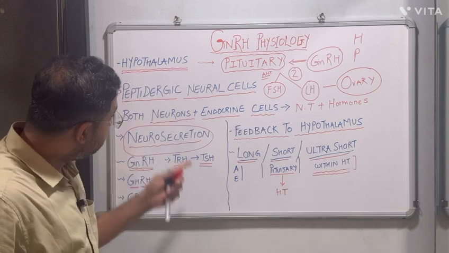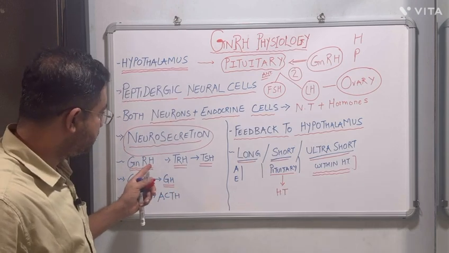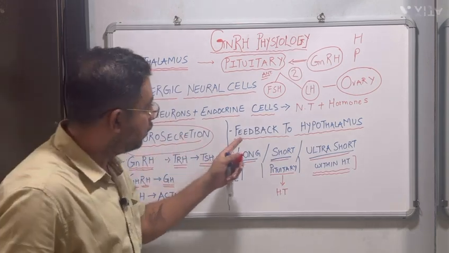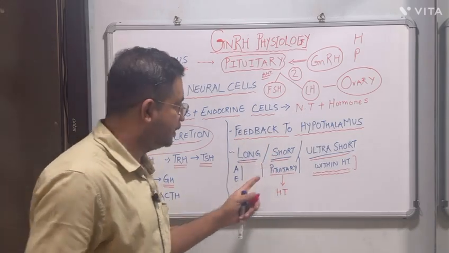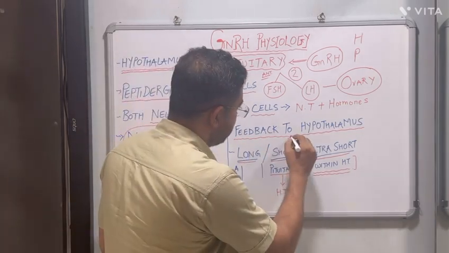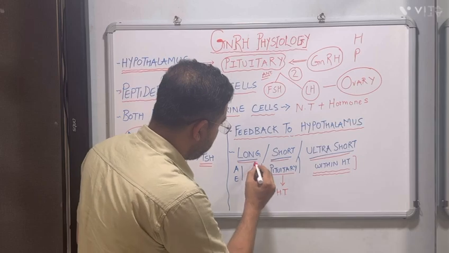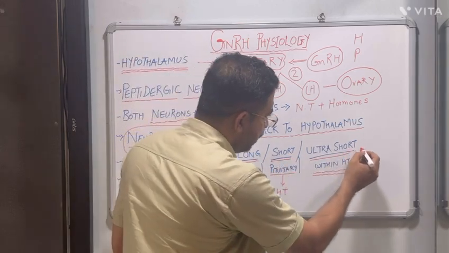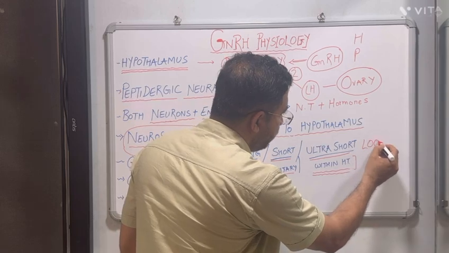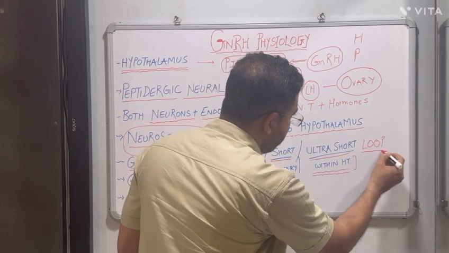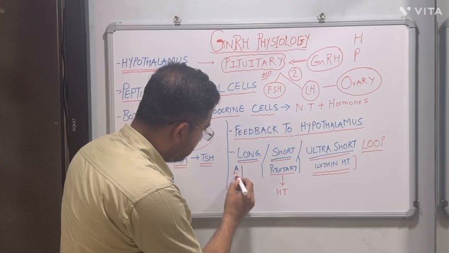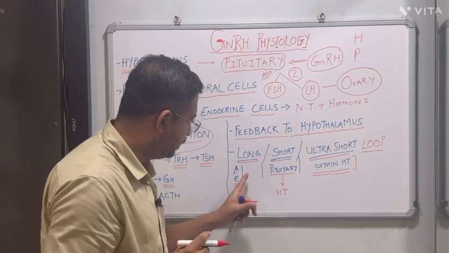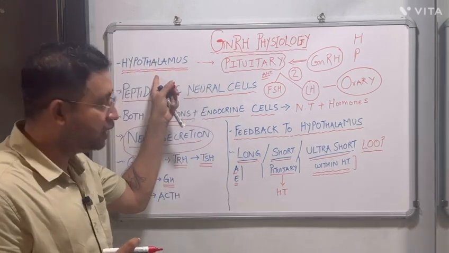Now, the release of these hormones is controlled by various feedback mechanisms. If we divide these feedback mechanisms, it may be the long loop, the short loop, or the ultra short loop. The long loop means the circulating levels of androgen and estrogen give signal to the hypothalamus.